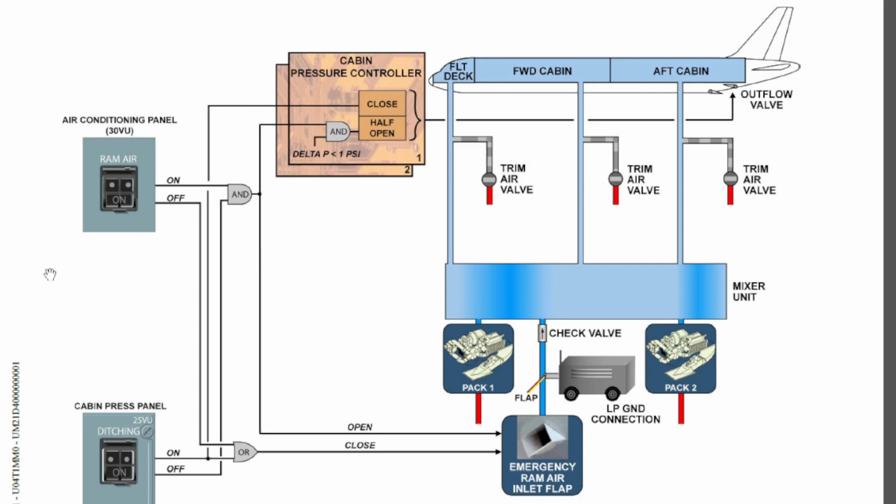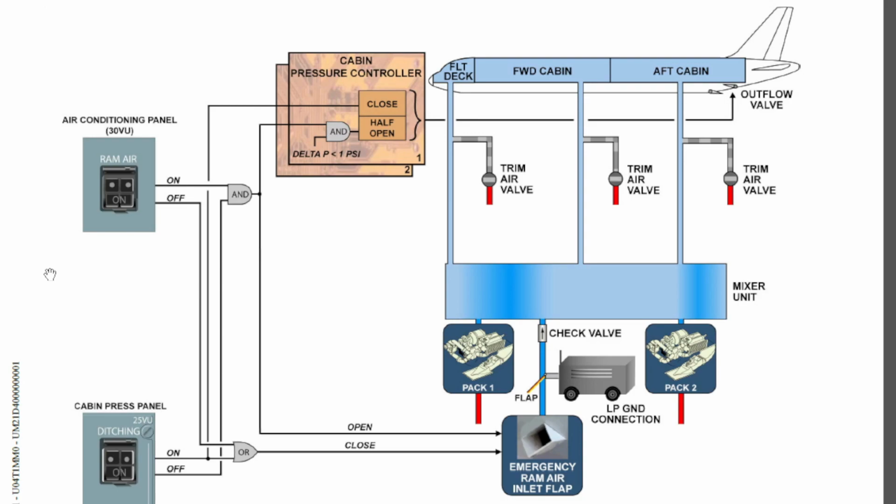The emergency ram air inlet flap will open, but the outside air will not flow into the cabin unless the differential pressure between the outside and the inside is less than 1 psi.